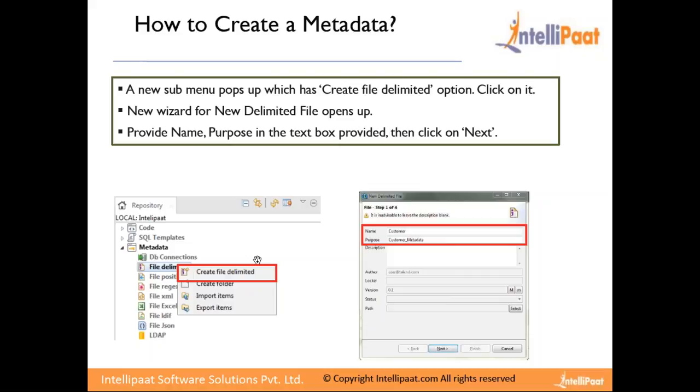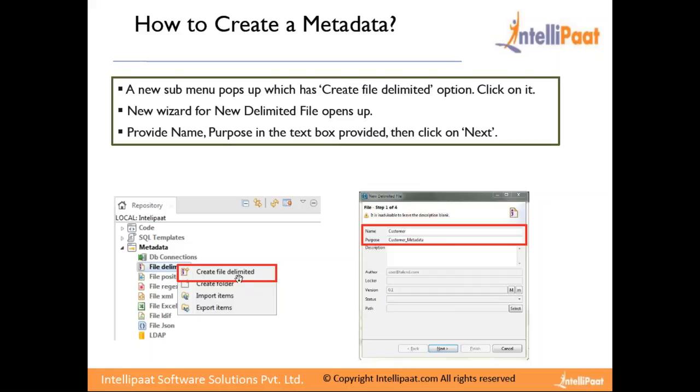Create file delimited is used to create metadata for a particular file, whereas create folder is used if you have multiple files and you want to segregate different segments, so you can organize it that way. Import and export works in the same manner as previously, wherein we can import and export any external or internal files as per our requirement.